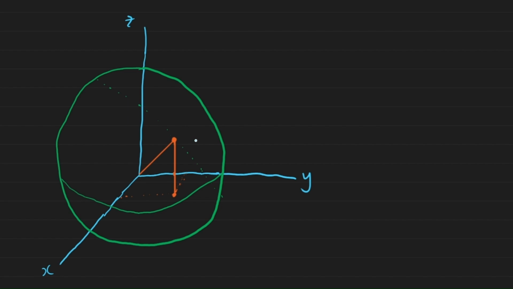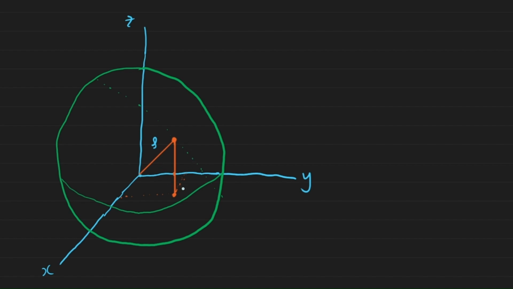We can think of it as being on the outer edge of the sphere, and the distance from the outer edge of the sphere to the origin is called rho. So rho is here. We can just write it, and we can just understand it's the distance from the origin to our point. And then we have theta.